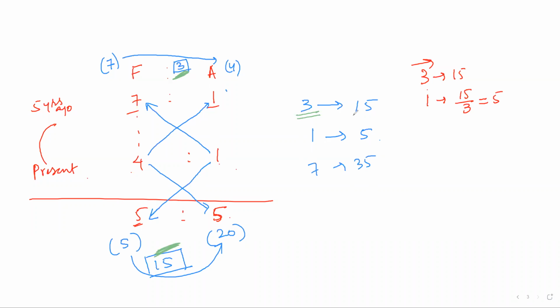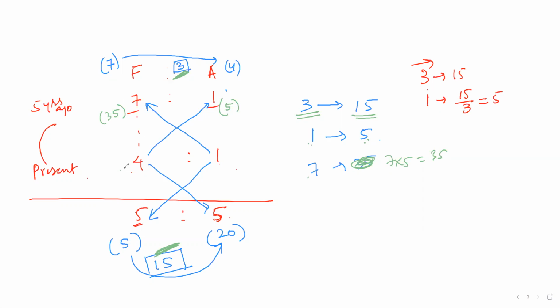So I make it 3 is 15. So 1 is equal with 5. Since 1 is equal to 5, 7 is equal to 7 into 5, that is 35. That means the value of 7 is nothing but 35. And this 1 is nothing but 5.